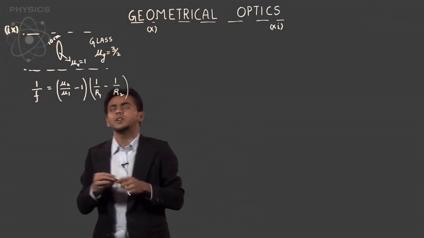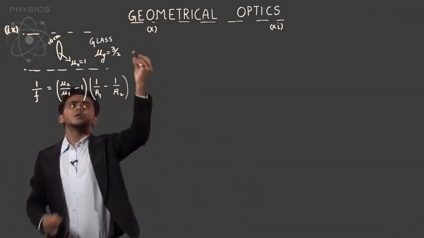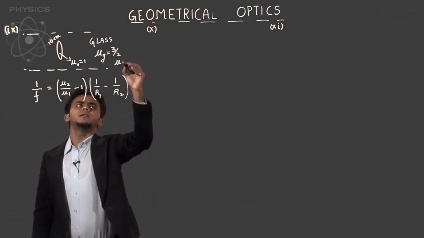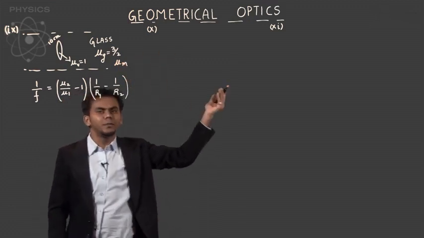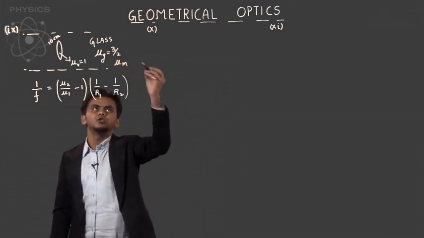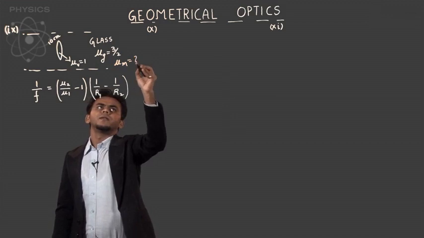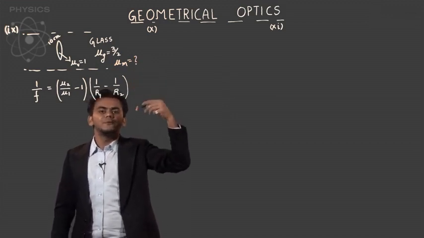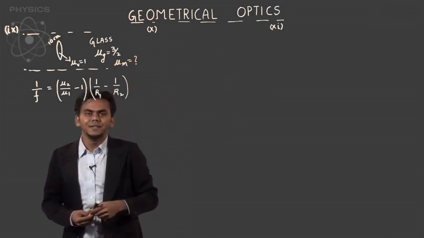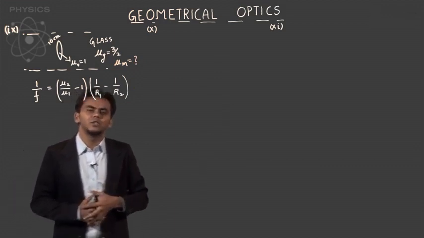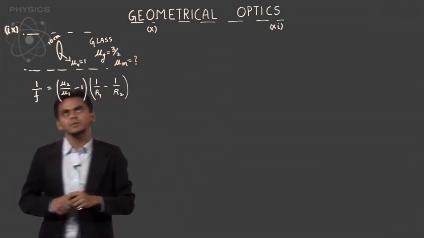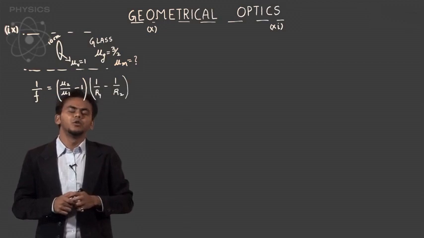Let's calculate that. So what I need to find out is with what material, or rather the mu m of the material, refractive index of the material, I should fill so as this becomes a converging hollow region of the same power, which means magnitude wise. Let's first calculate the power in the original circumstance.